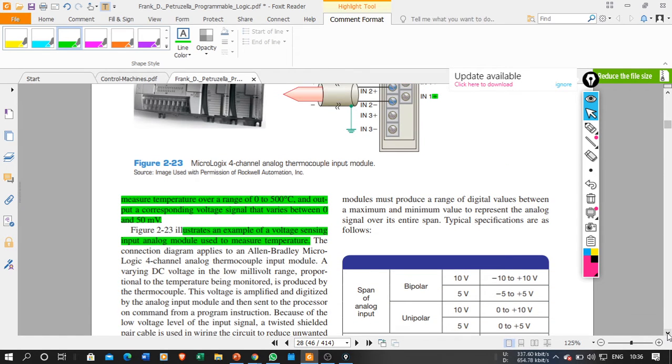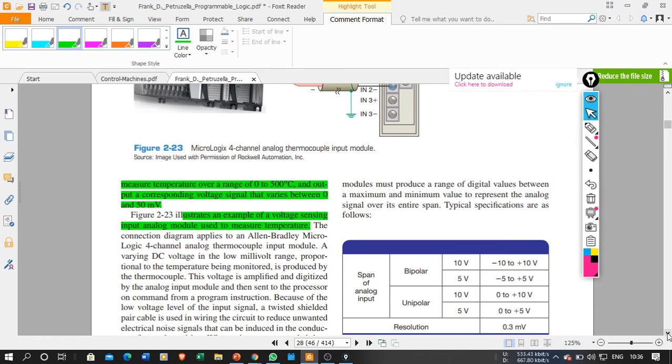Okay, a varying DC voltage in the low millivolt range, proportional to the temperature being monitored, is produced by the thermocouple. So what you are going to do in this one is measure a varying DC voltage. Whatever the thermocouple voltage is, as we just discussed, for 500 degrees it will give you 50 millivolt, for 100 degrees it will give you 10 millivolt, so it gives you a proportional voltage.